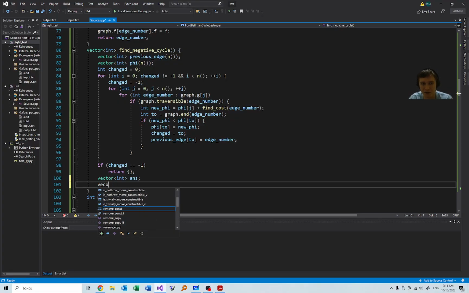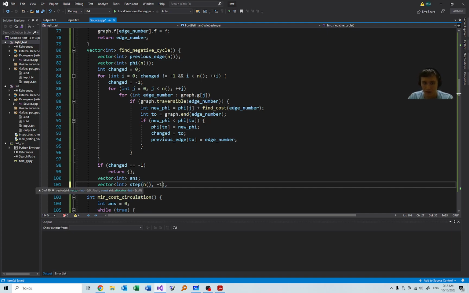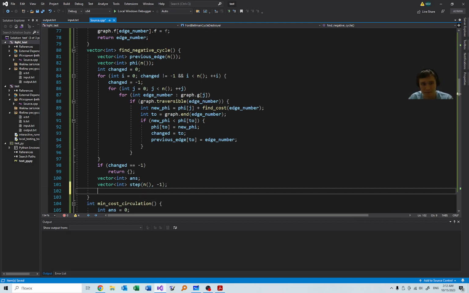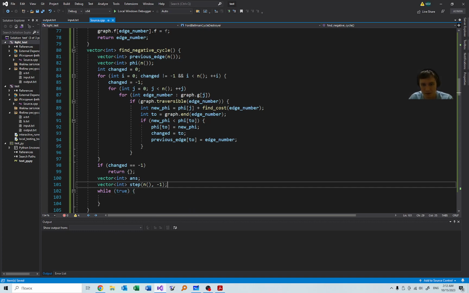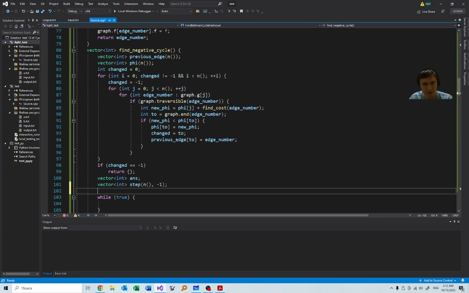So I say vector int step, and step is when I saw this vertex in my ans. So while true, I do the following. Also, I have int current.